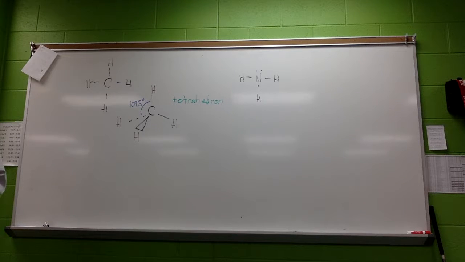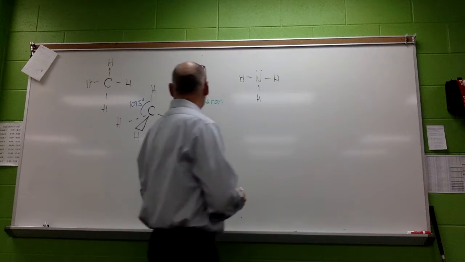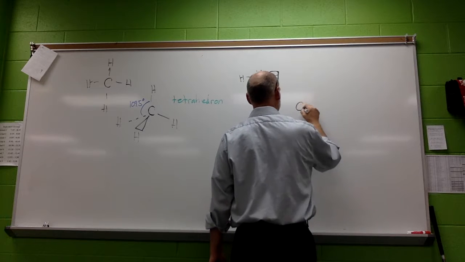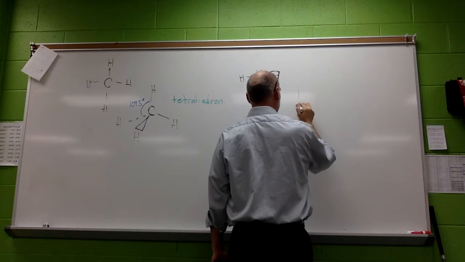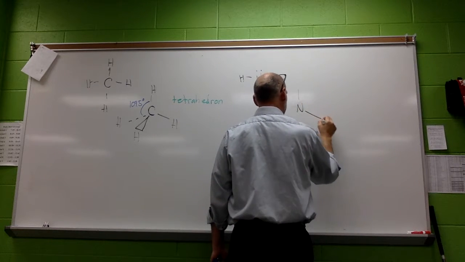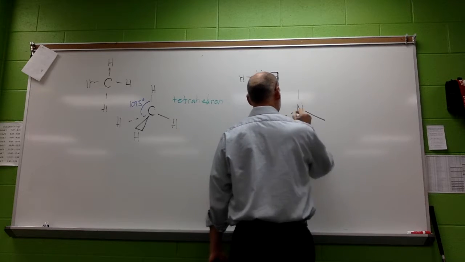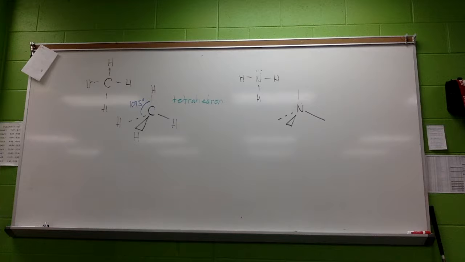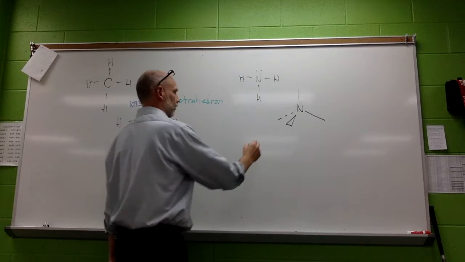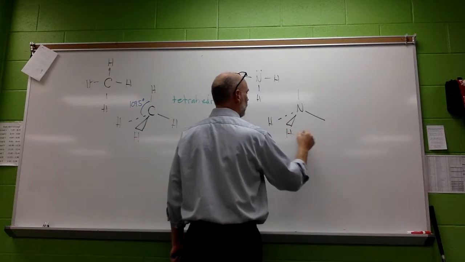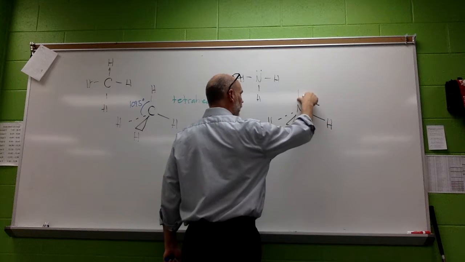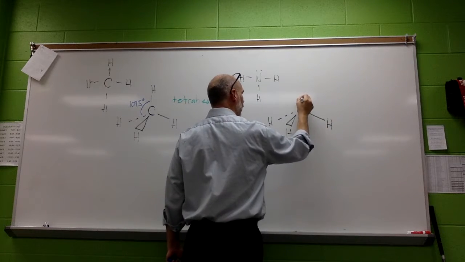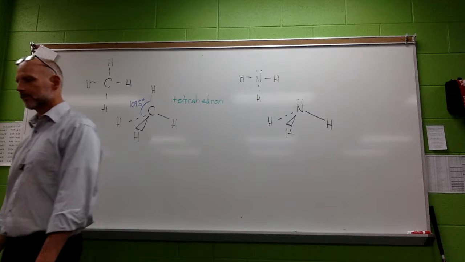What are we going to draw? Tetrahedron. We're going to draw a tetrahedron. However, only 3 of those positions are occupied by atoms. The other one is occupied by a lone pair of electrons.